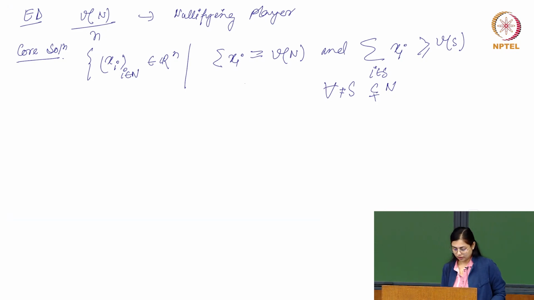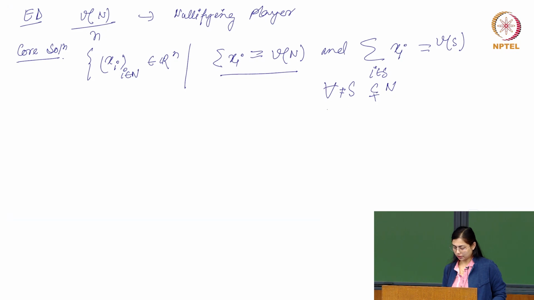No, this is correct, right? And you were saying that for S, you want to put the equal sign here? No, for all S, it's a proper subset, right? Yeah, proper subset. Instead of proper, you just take any subset, including N itself.